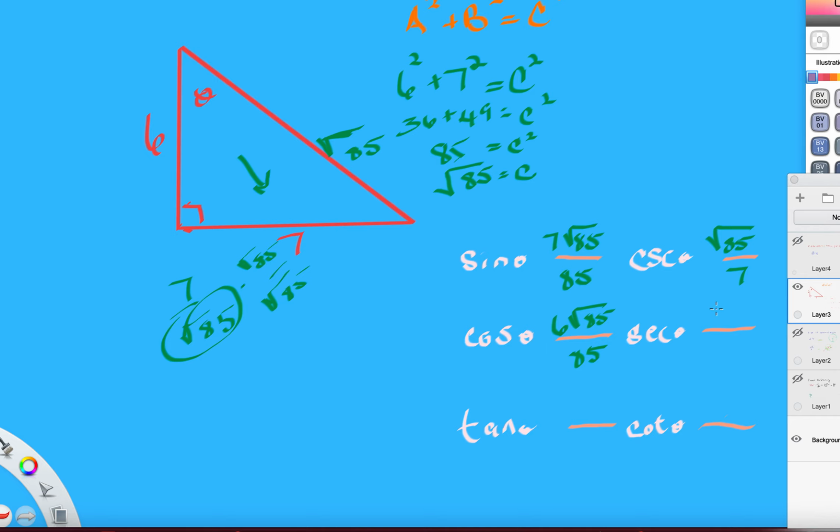And like the last time, I'm just going to take the reciprocal of the original, which is 6 over root 85, but show the reciprocal, root 85 over 6. Now the tangent and the cotangent are simple. 7 over 6 and 6 over 7. Cool? That's easy enough. So there'll be 2 like that.